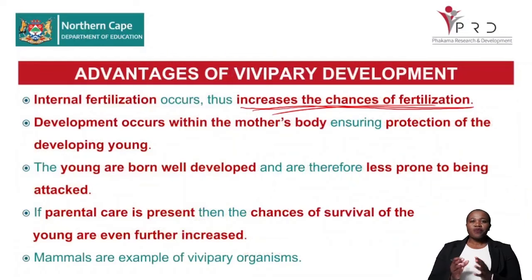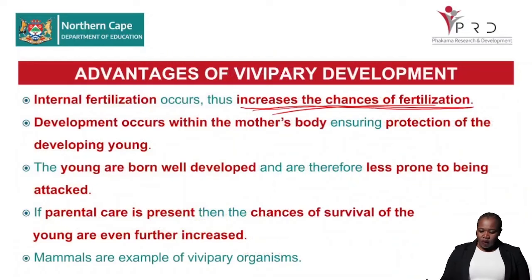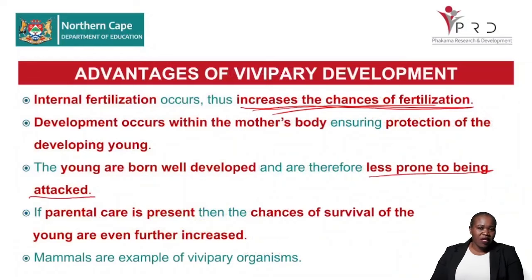Therefore, we know there is actually almost 0% chance of the egg cell not coming into contact with the sperm cell, right? Development occurs within the mother's body. We know if development is within the mother's body, there's no way predators can ever reach that developing young, right? And then the young are born well developed, and therefore they are less prone to being attacked. Less chances of them being attacked because mostly they are well developed and they can take care of themselves, basically.